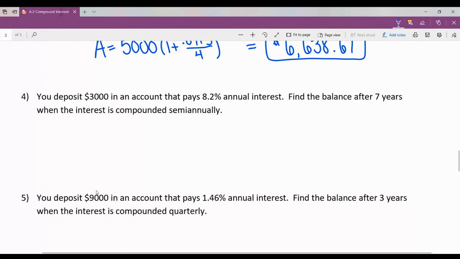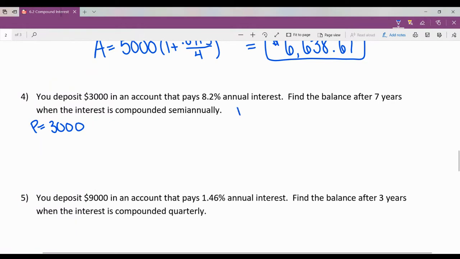So we deposit $3,000. So my principal starting amount is $3,000. That pays 8.2% annual interest rate. So my rate is 0.082. Move the decimal point to the left 2. T equals 7 years.